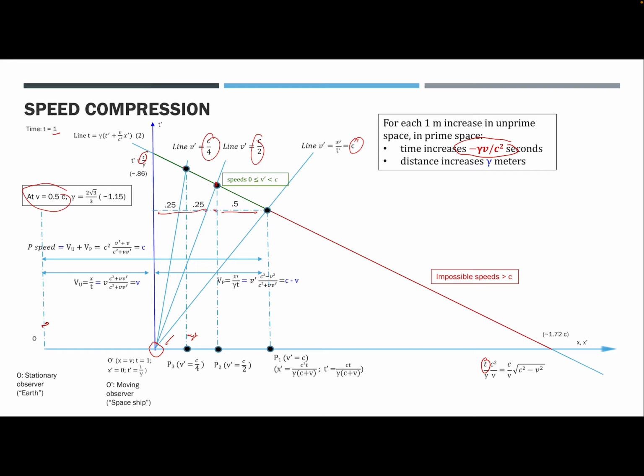The bottom line is, as you see, maximum speed, half speed, and quarter speed, they all get compressed and bounded by an upper limit.